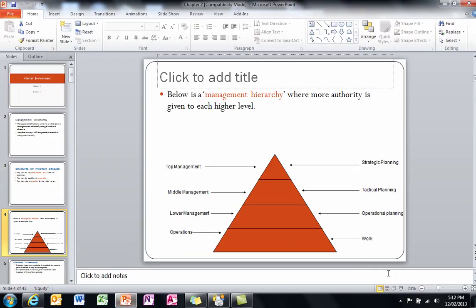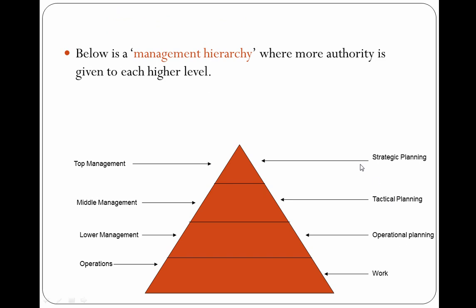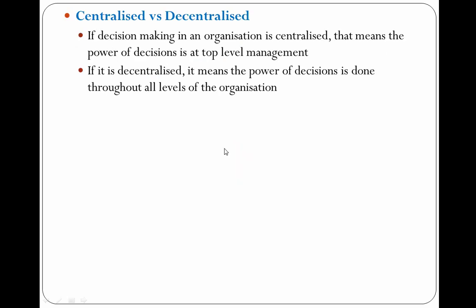Now, getting back to the presentation, we need to look at centralised versus decentralised. Centralised means that the decisions are made with these top level managers. Decentralised is where the power of decisions is spread throughout all levels of the organisation.